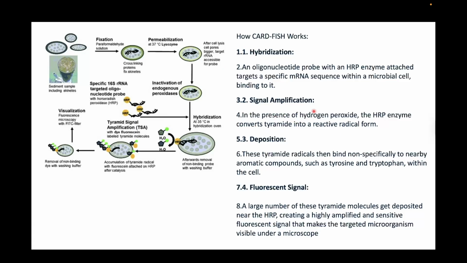Signal amplification: in the presence of hydrogen peroxide, HRP enzyme converts tyramide into a reactive radical form. These tyramide radicals then bind non-specifically to nearby aromatic compounds such as tyrosine and tryptophan within the cell. A large number of these tyramide molecules get deposited near the HRP, creating a highly amplified and sensitive fluorescent signal that makes the targeted microorganism visible under a microscope.